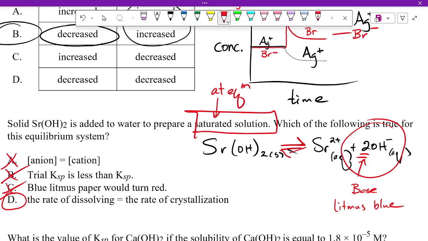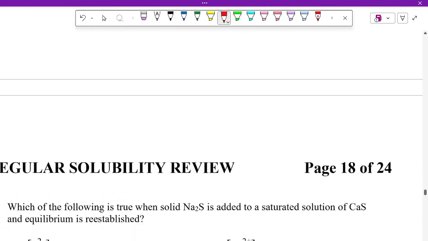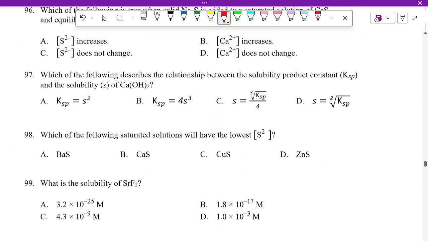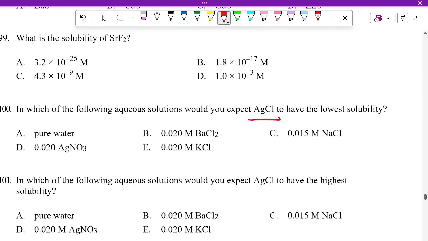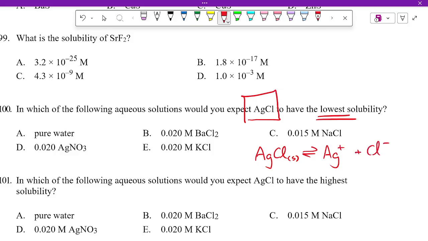Next is 100. In which would we expect AgCl to have the lowest solubility? If it's the lowest solubility, we want it shifted furthest left.